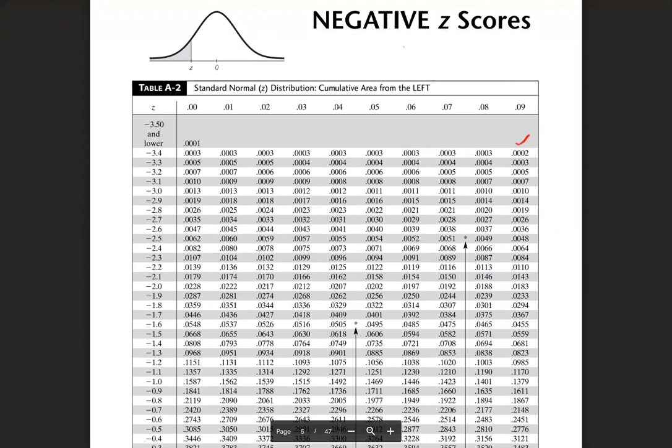So if you're finding the probability that x is less than some value, let's say this is -1, then you are talking about the shaded region.